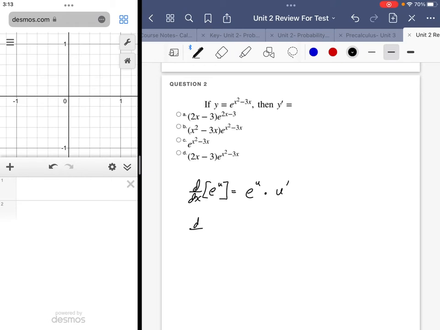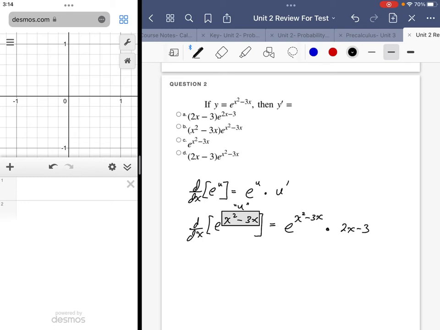So if I'm looking for the derivative of e to the x squared minus 3x, I treat this expression as my u. So I would write it as e to the x squared minus 3x times the derivative of that u, which would be 2x minus 3.